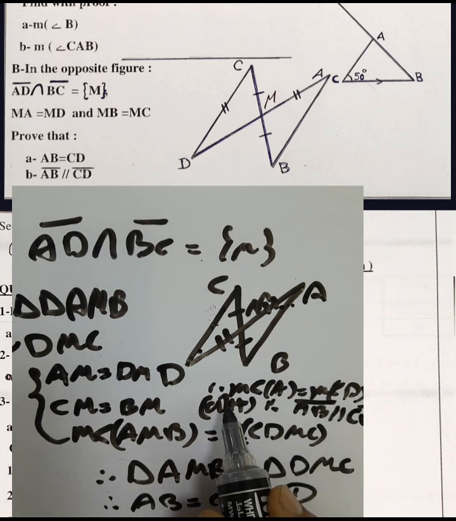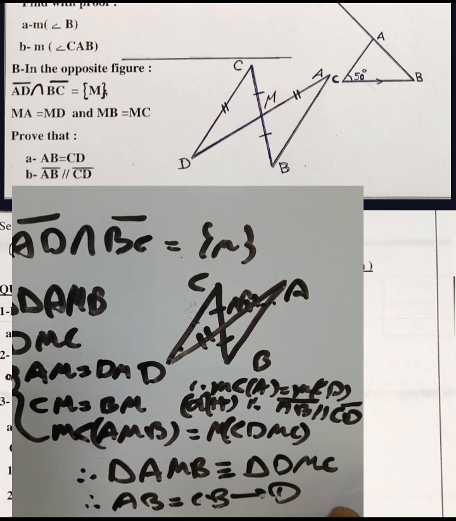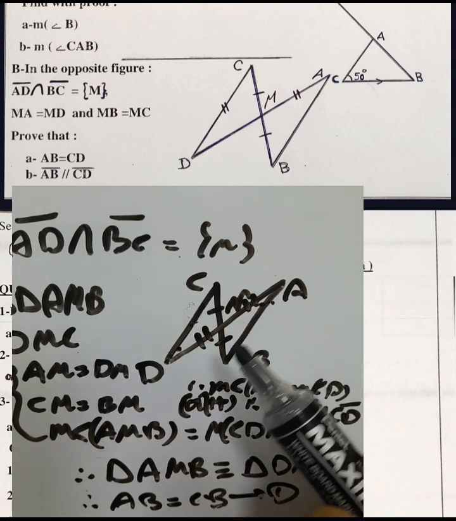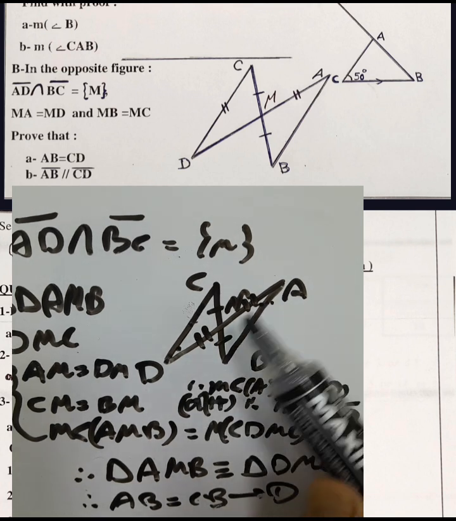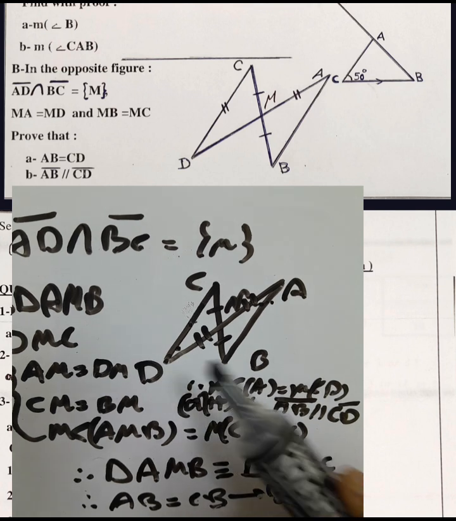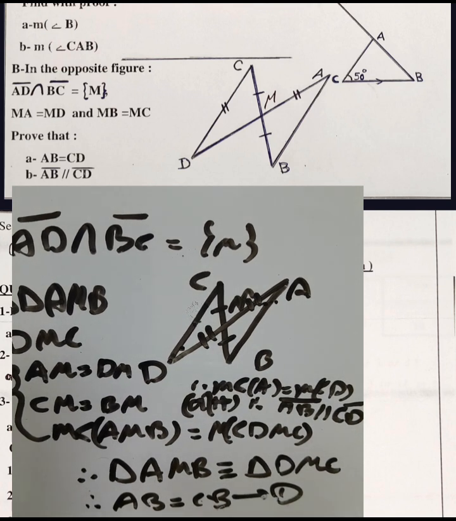We call it alternate angles, okay? Understood? We proved that AB is parallel to CD because the measure of angle A equals the measure of angle D, and angles A and D we call alternate angles. Then AB will be parallel to CD. Understood? It's the last question.